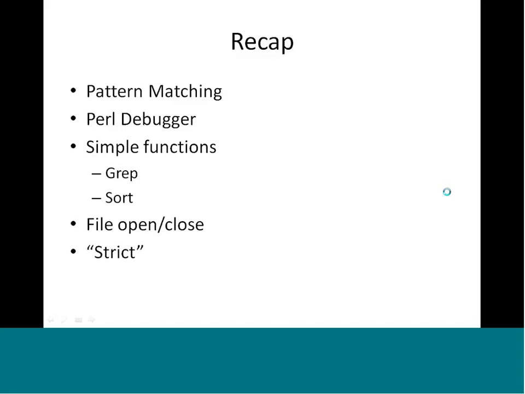And then we also looked at some of the functions in a more in-depth manner. One was grep. The grep function is used to grep a particular word from a given array of words or a given dictionary.